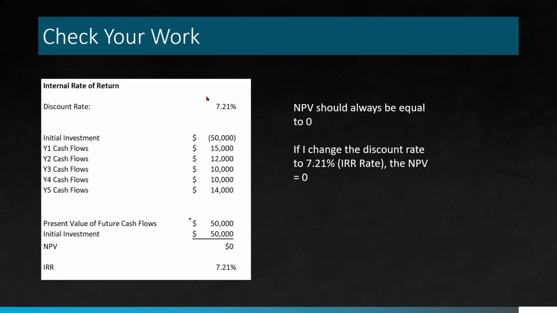So what I've done here is change that discount rate to the IRR rate. And in doing so, notice that my NPV is equal to 0. Break-even point, which means we are going to accept this project.